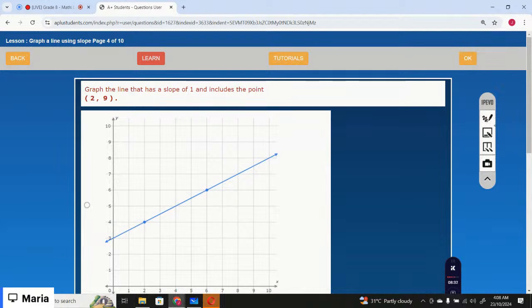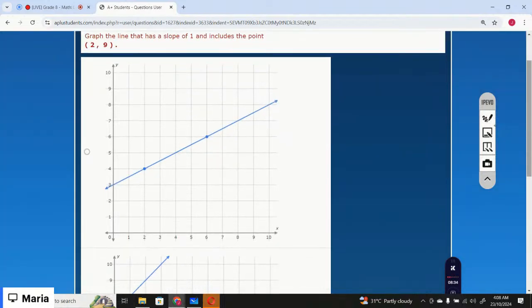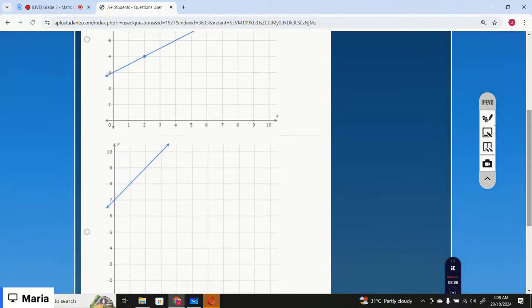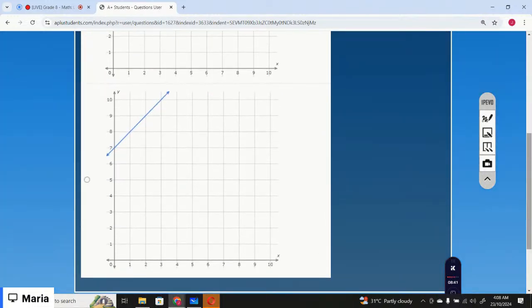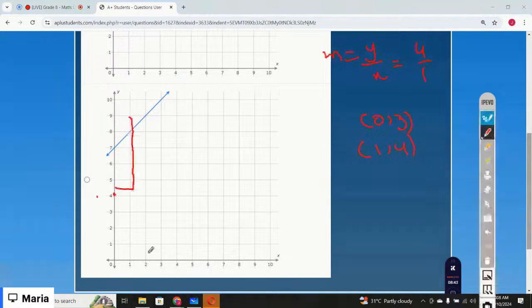Graph the line that has a slope of 1 and includes the point 2, 9. So here is the graph. X is 1, y is 1, but you are not given the point 1, 1 here. Here must be the point 1, 1.